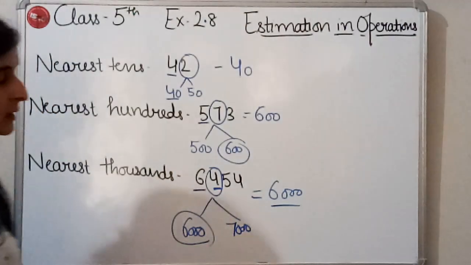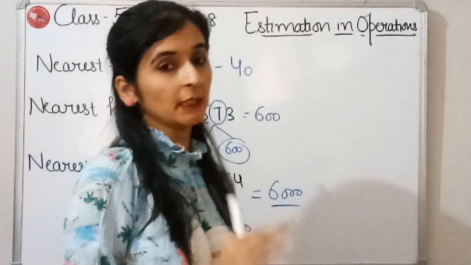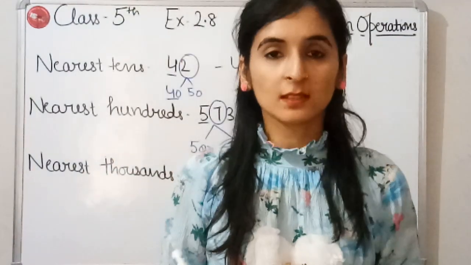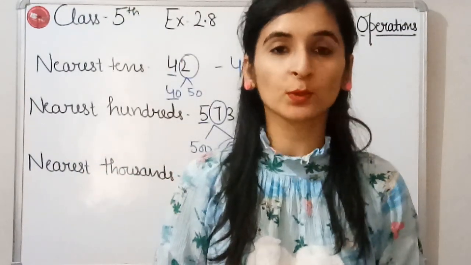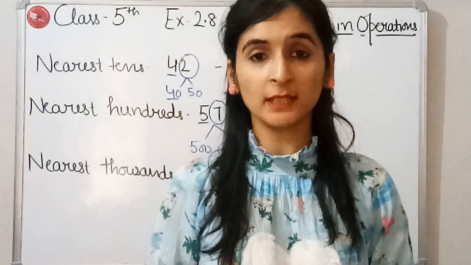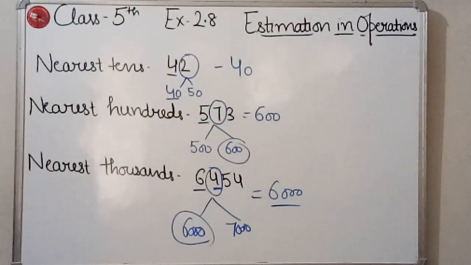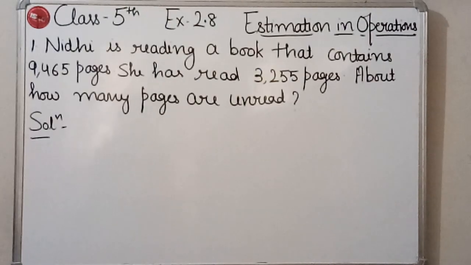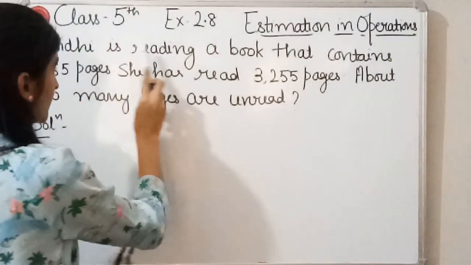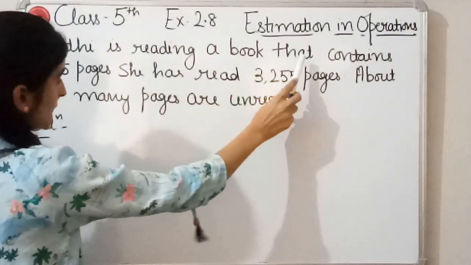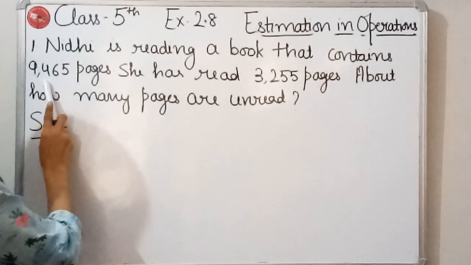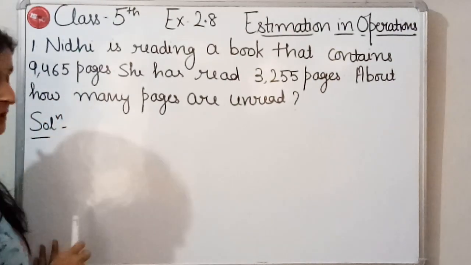Now we have to start estimation in operations. So let us start with the first question of exercise 2.8. Okay children, so the first question is, Nidhi is reading a book that contains 9,465 pages.